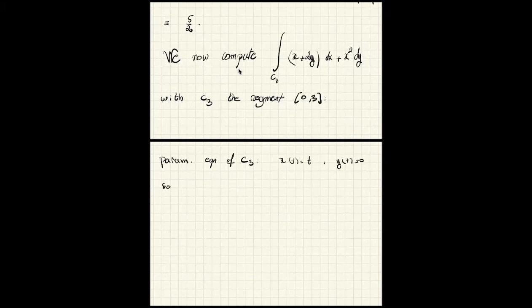So x prime of t is 1 and y prime of t is 0.